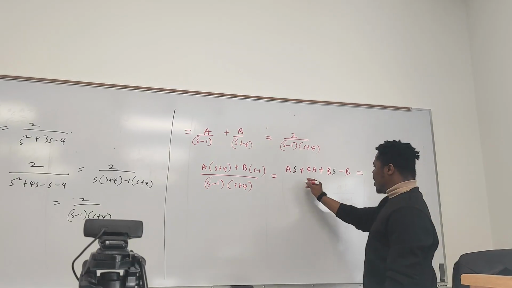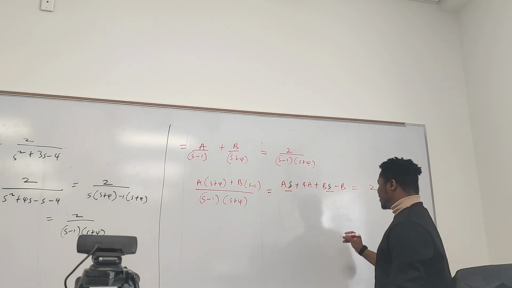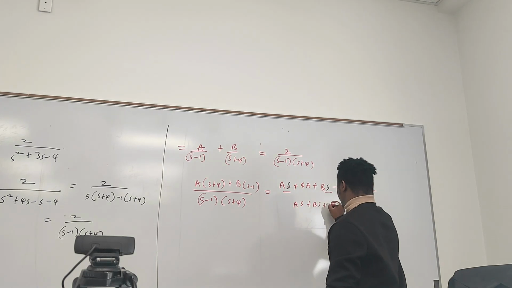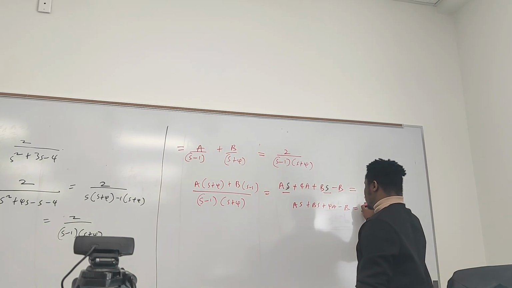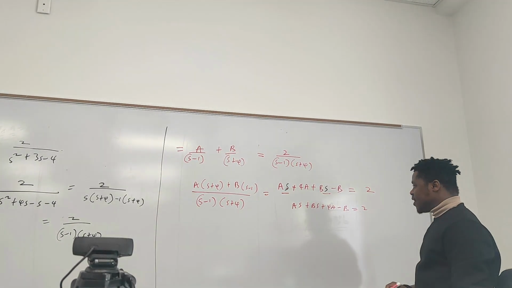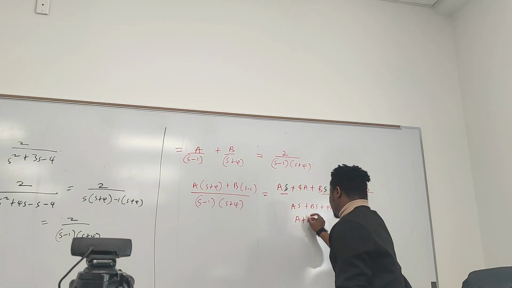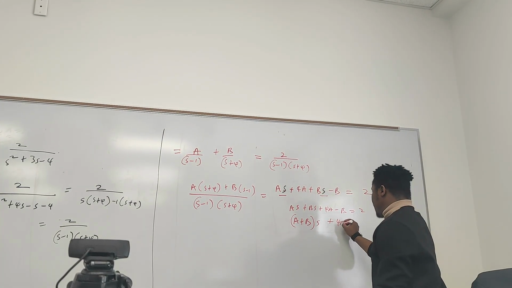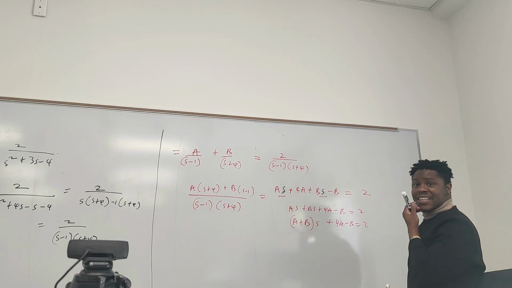So let's take the ones that have s together. This becomes as plus bs plus 4a minus b is 2. So we can say (a plus b) s plus 4a minus b is 2.